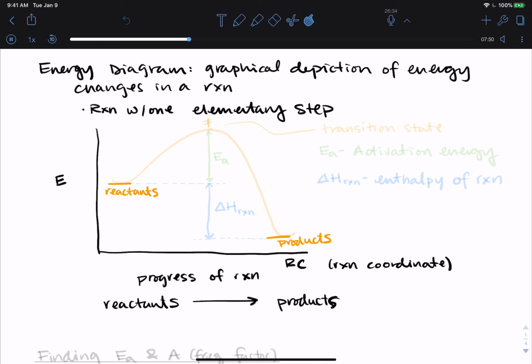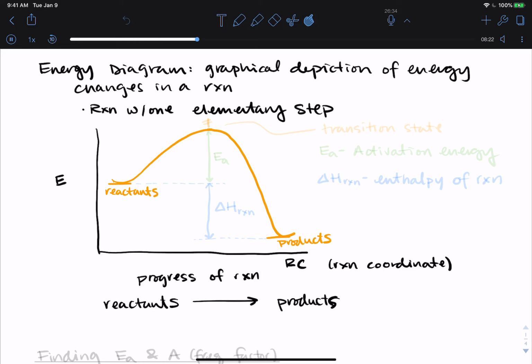And then as my reaction goes, it has some energy barrier to get over. So, let's put the top of my barrier somewhere like here. So the plot that I want to show is that from reactants, my reactants have to go up this hill, get over an energy barrier, and then as they turn into products, they'll end up at some different later energy.